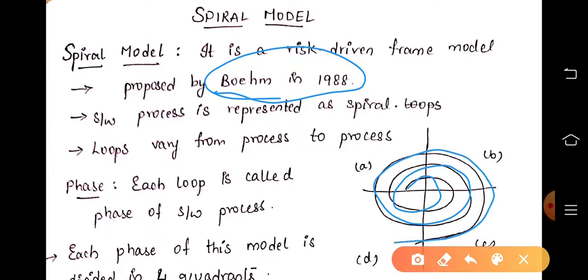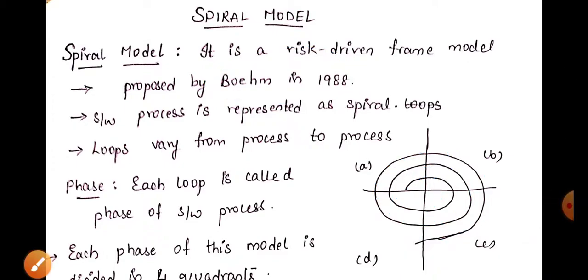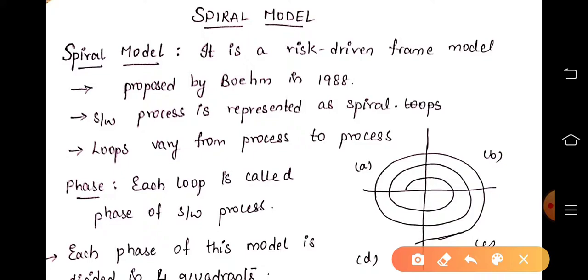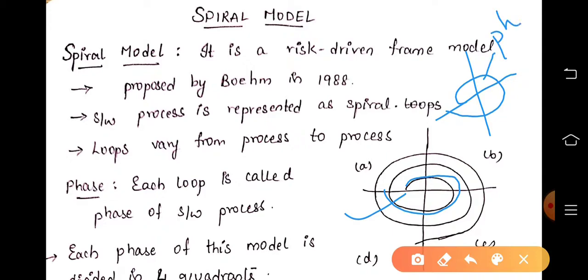As you can see in this diagram, we have the software process developed as a spiral, and here we have loops, and loops vary from process to process. Loop is nothing but, here you can observe, this is one loop. Each loop is called a phase.